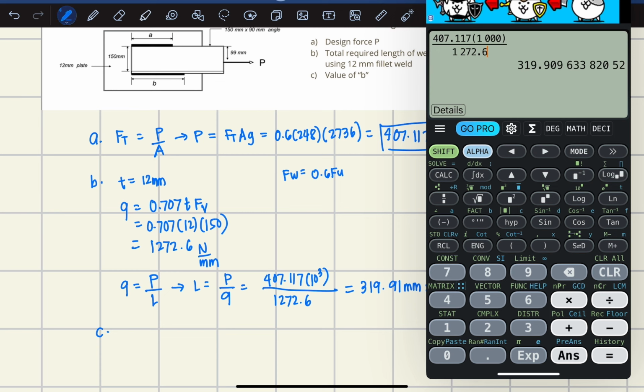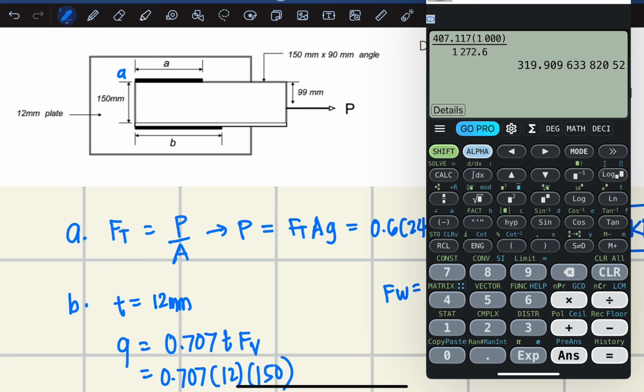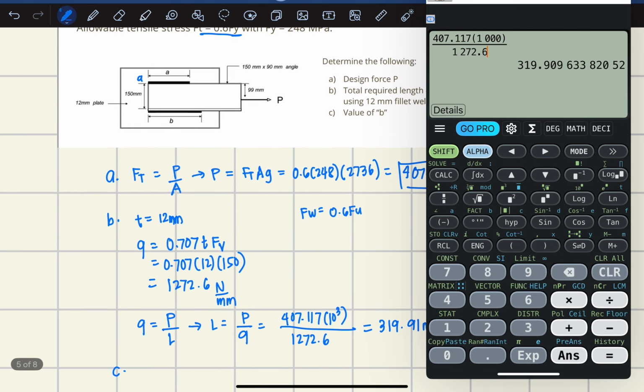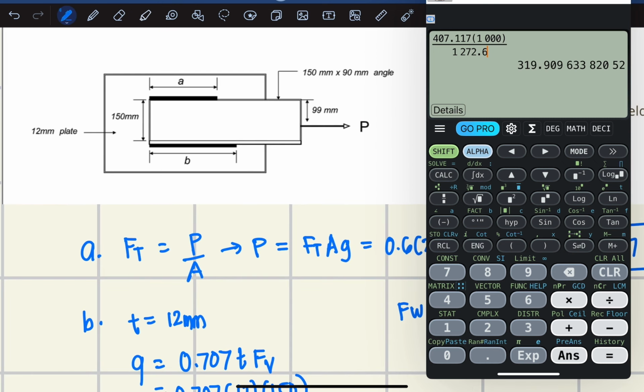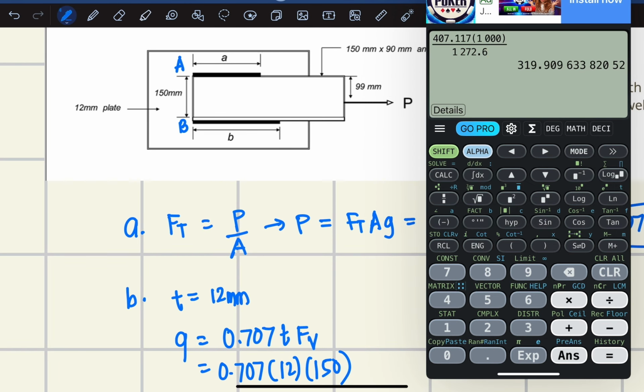To solve this, we take moments at A. There are forces here: this is force P1 and this is force P2.